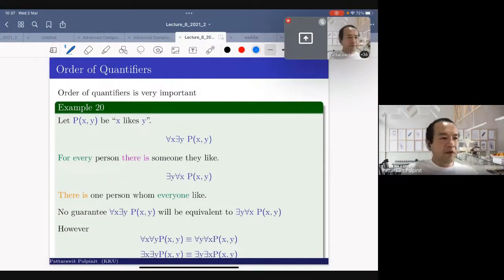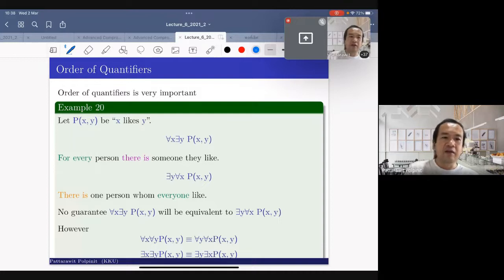Before we start, any questions about the logic? Last time we learned the topic of predicate logic.